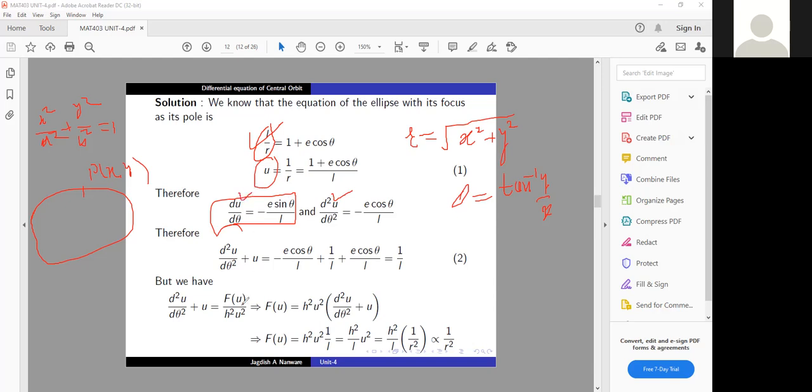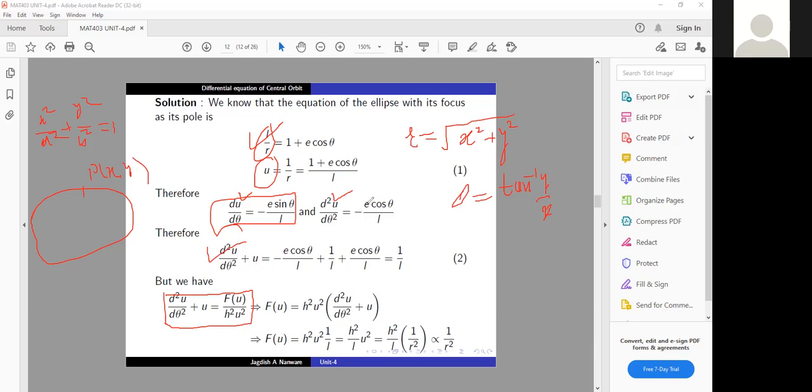We need this term because this is the differential equation of the orbit in pedal form. So we need these values and we put these values. First of all, we determine the second derivative of U with respect to theta plus U. What is the second derivative?